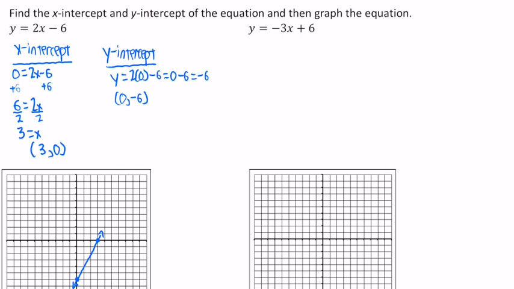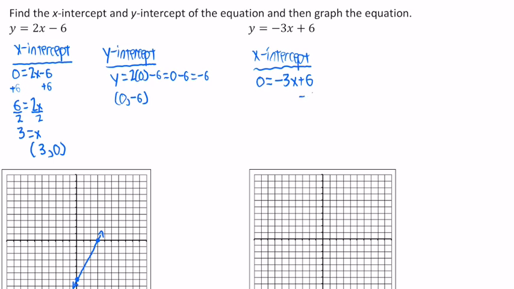So suppose we have the equation y equals negative 3x plus 6, and we would like to find the x-intercept and the y-intercept and then come up with the graph. To find the x-intercept of an equation, we put in 0 for y. In this case, that would leave us with 0 equals negative 3x plus 6.